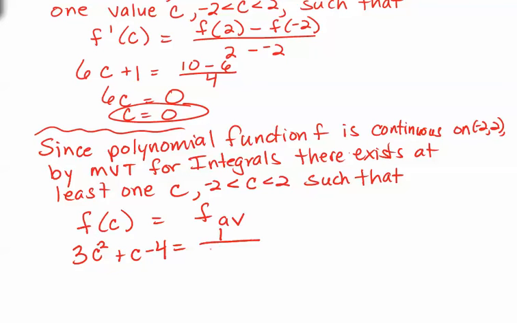And our average value of our function is our 1 over b minus a. So from -2 to +2, you might immediately just write that as 1/4 of our integral from -2 to 2 of our function.